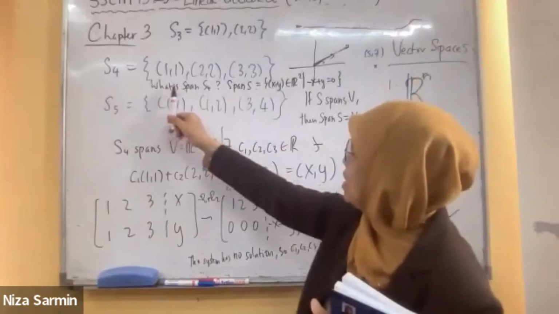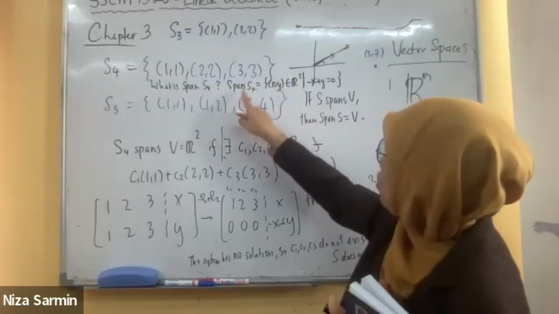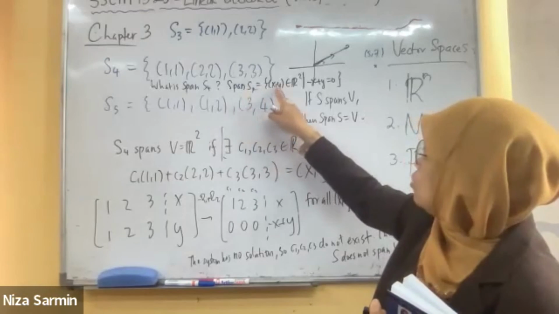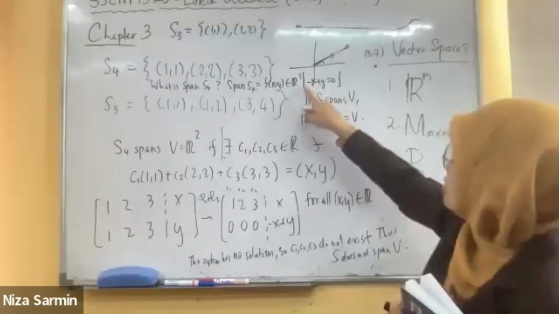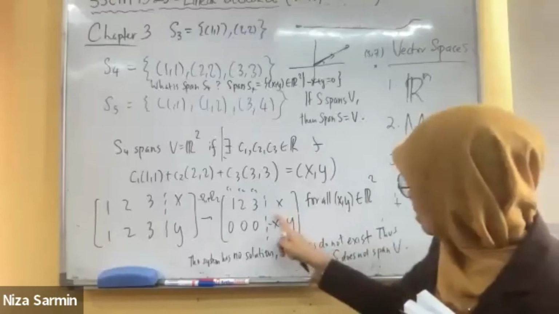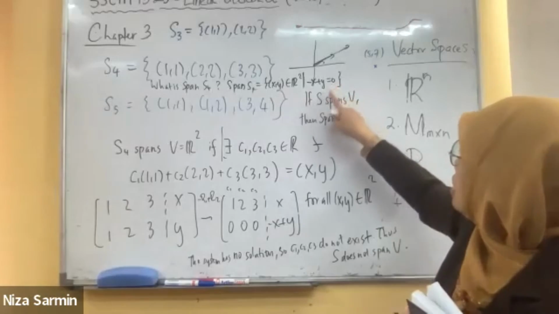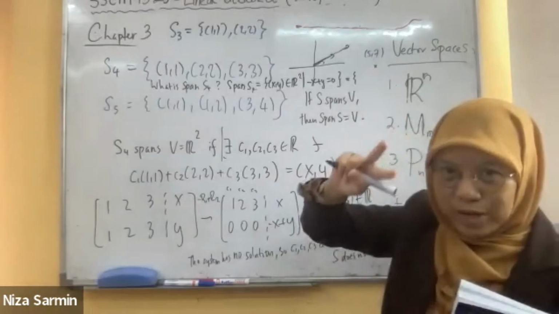Okay, let me read. What is span of S4? Span of S4 is a subset of V. So I write (x, y) in R2 because that is our V, such that I take this equal to 0. There are two ways to write this.